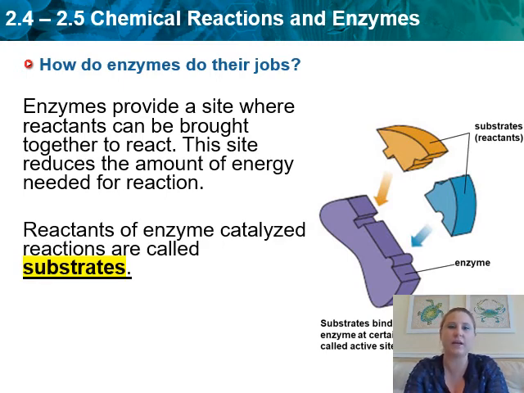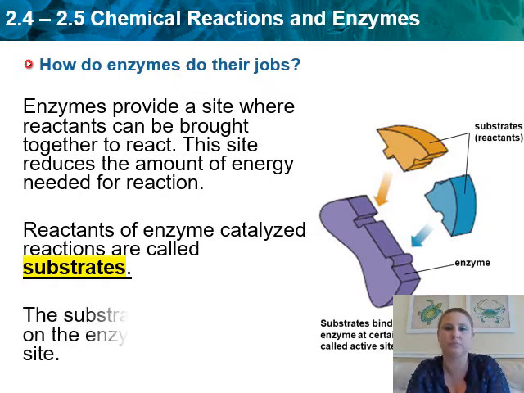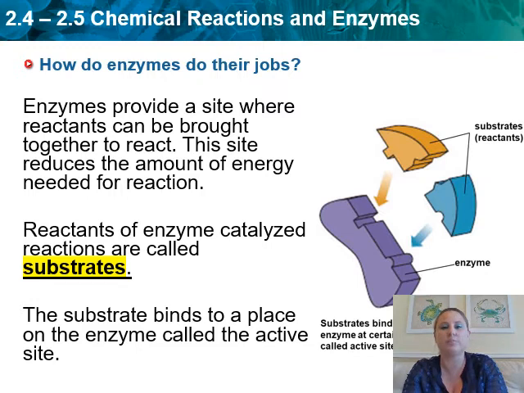The reactants in enzyme catalyzed reactions are called substrates. Those are the things we're bringing together to react. They're going to create a product. But the enzyme allows them to have a place to come together very close so they can react. And the substrate binds to a place on the enzyme called the active site.